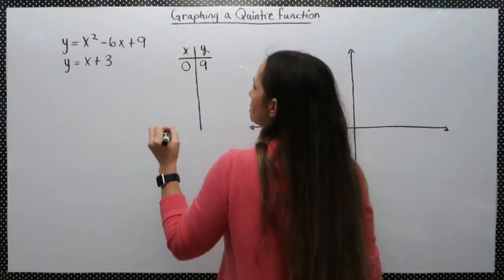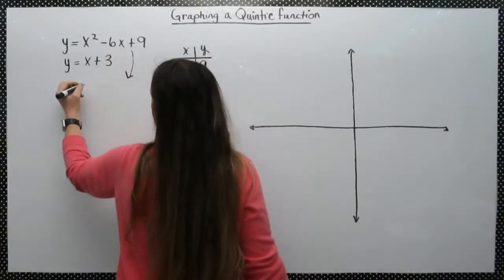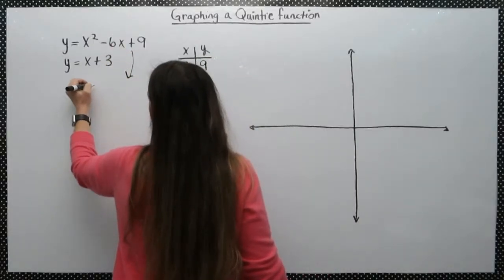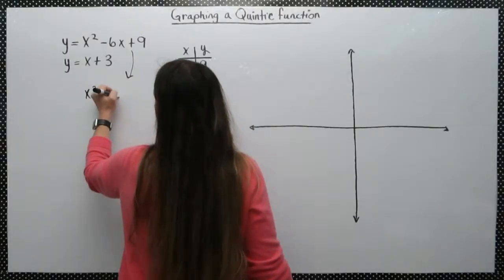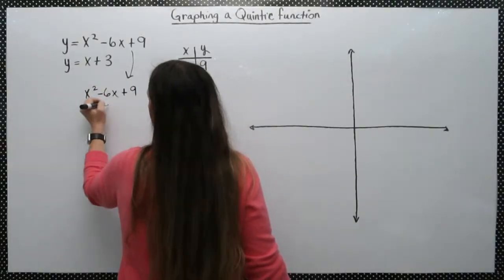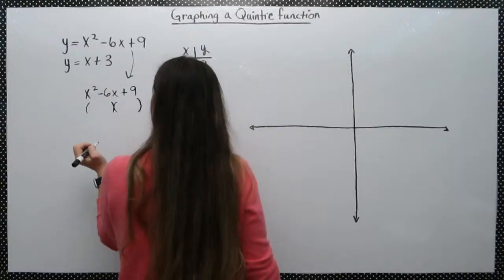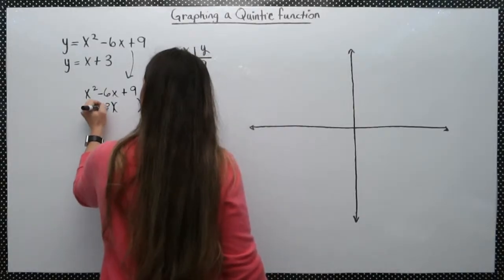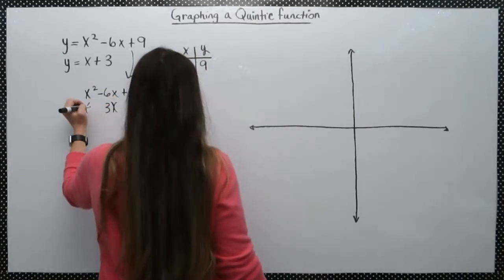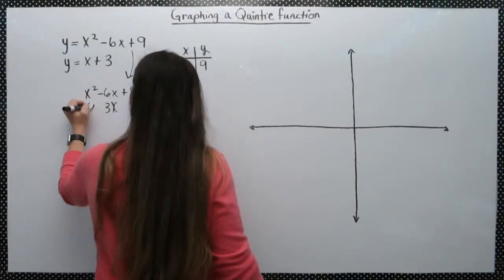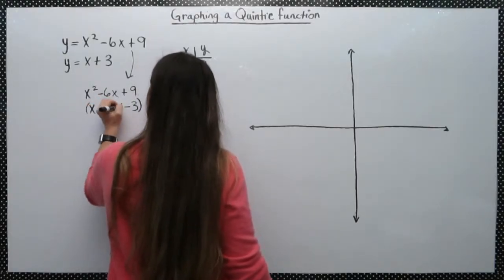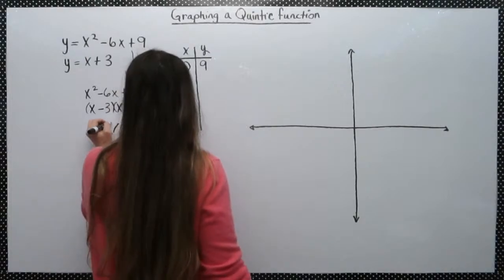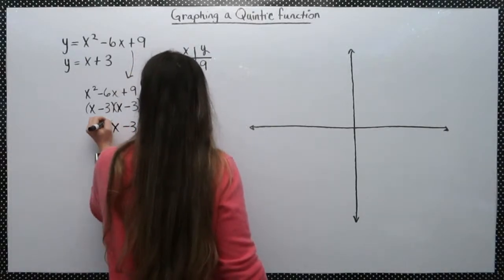And then this one probably factors. x squared minus 6x plus 9. What is that, 3 and 3? So we've got x minus 3 times x minus 3. So this is x minus 3 quantity squared.